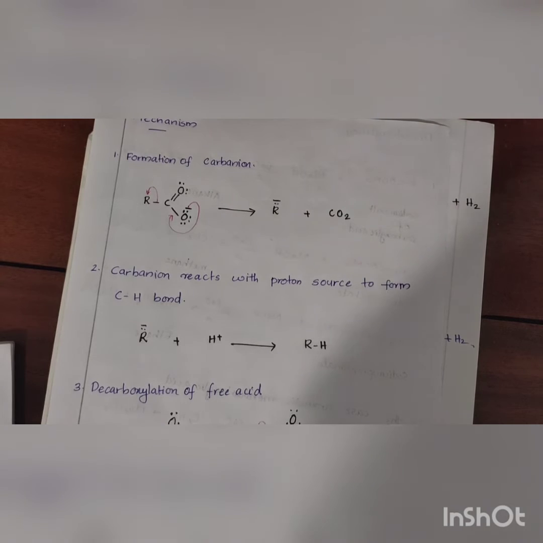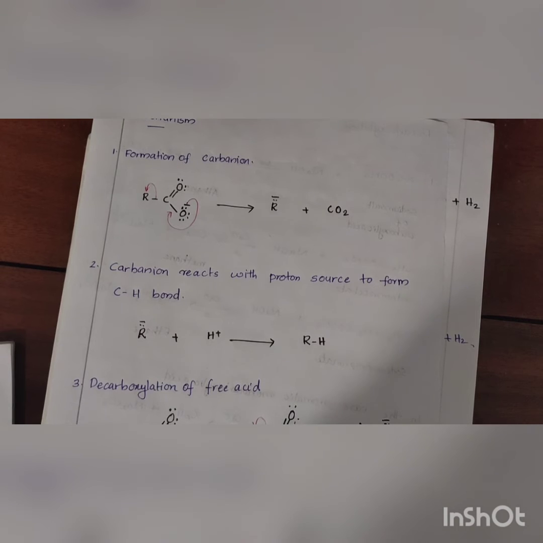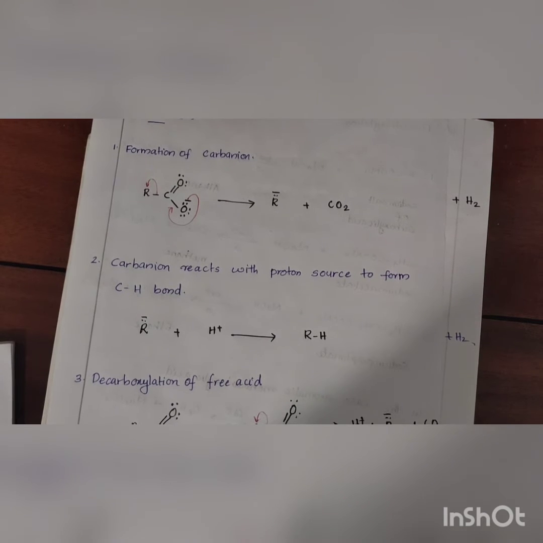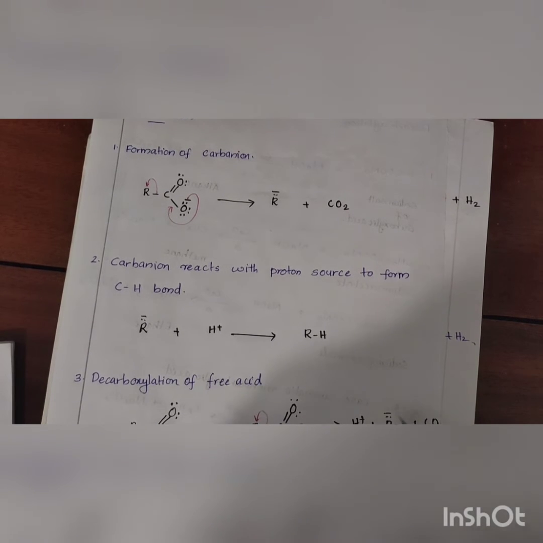Here, in the RCOOH group, the bonded electrons are transferred to O. Then RCOO minus is formed. The electrons from the O minus group are transferred to this bond, and R minus, a carbanion, is formed.